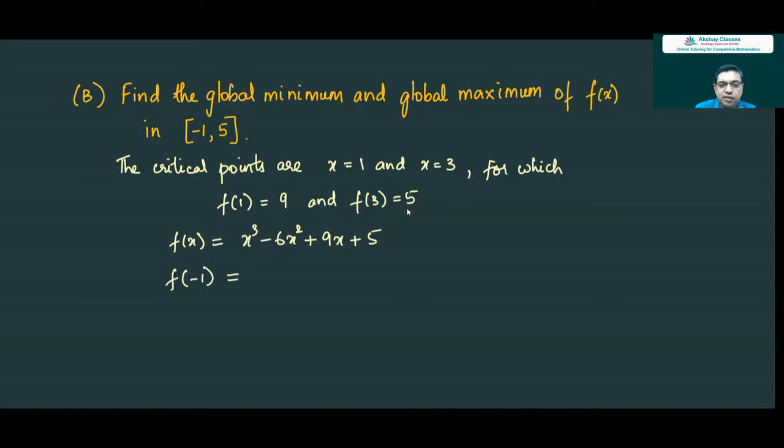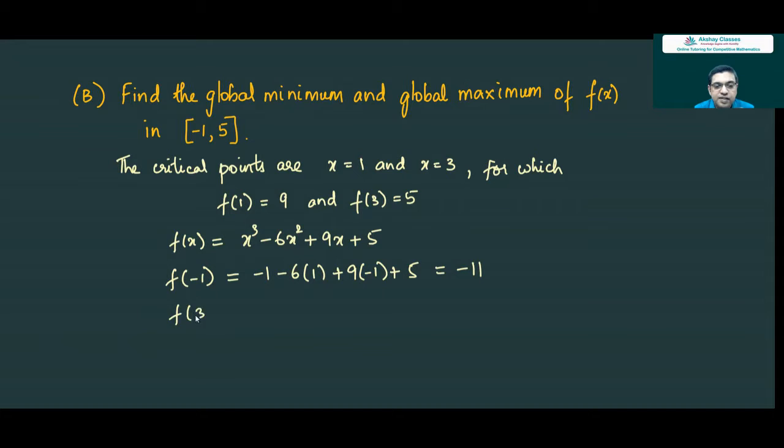At the critical points we have found, we also have to find the values at the boundary of the interval. f of minus 1 is minus 1 whole cube, which is minus 1, minus 6 into minus 1 whole square, that will be 1, plus 9 into minus 1 plus 5. So we get minus 16 plus 5 is minus 11.